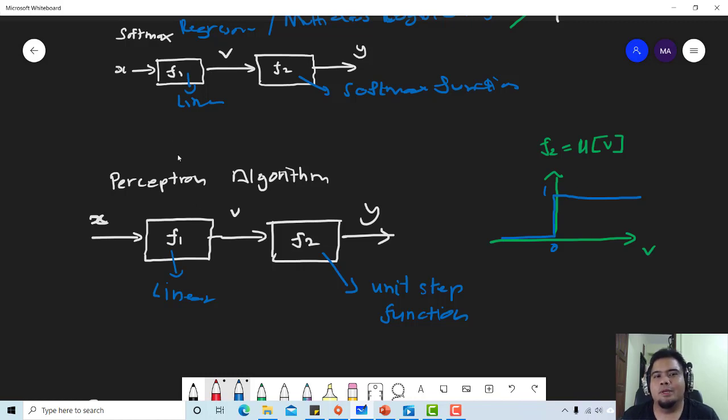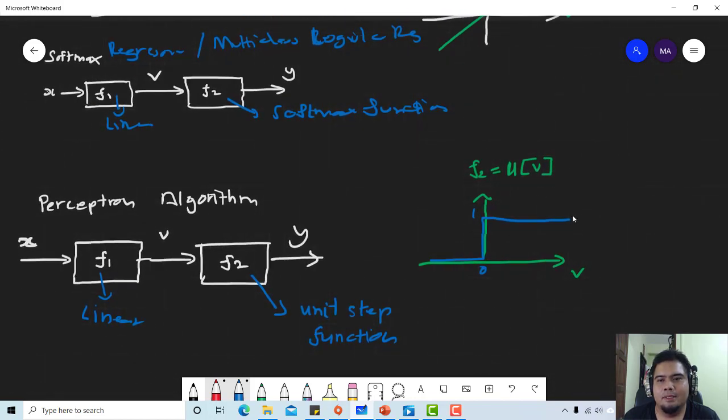If you talk about the perceptron algorithm, the f2 that you use is known as a unit step function. So how does the unit step function look? It looks like this. If you remember the unit step function that you learned, I believe, in signals and systems, it's the same function. So it's a unit step function, meaning that if the input is negative, it becomes 0.